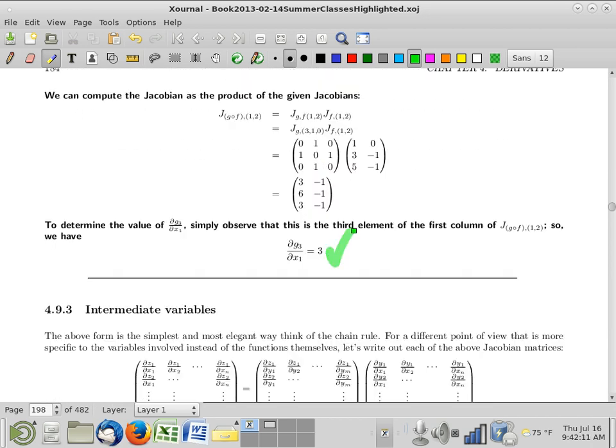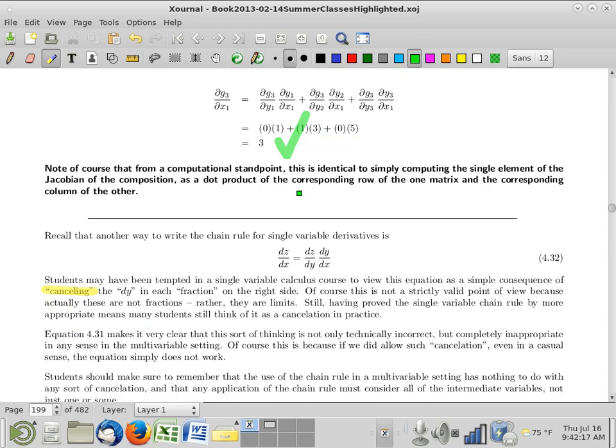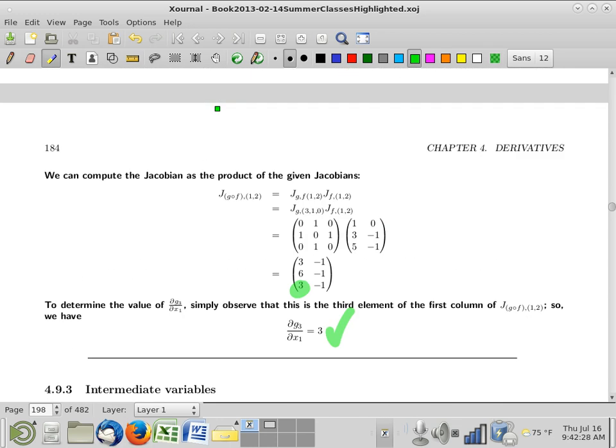In fact, not only is it the same answer, it's the same answer by having done effectively the same arithmetic. If you look at the arithmetic that we end up doing here, where these numbers came from is a certain row dot a certain column, and the row and column in question are this row dot that column. So in fact, not only do we get the same answer, we get the same answer by doing the same arithmetic.